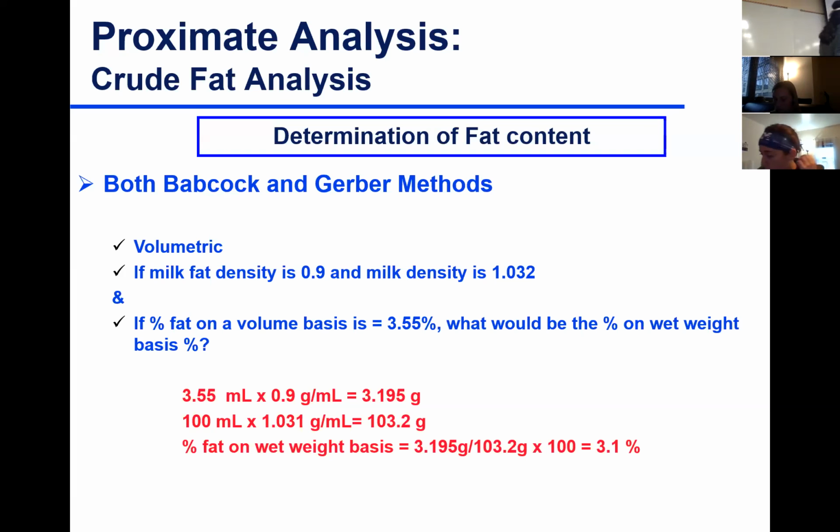The weight is basically density times the volume. So now you have 3.195 grams in 103.2 grams. So the ratio times 100 is the percentage in grams. Okay, so 3.1 grams per 100 grams.